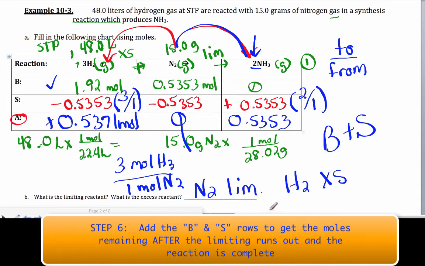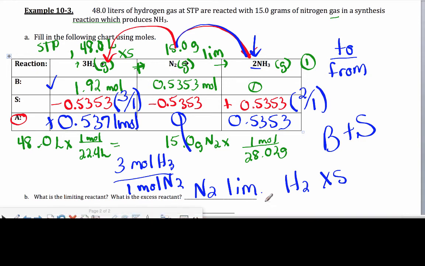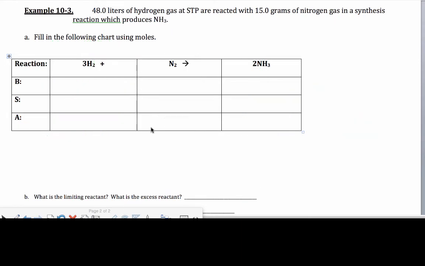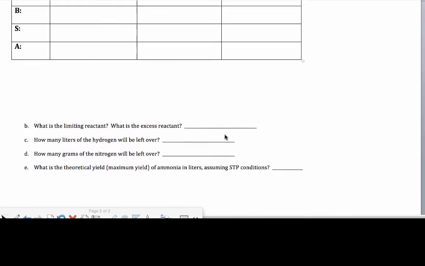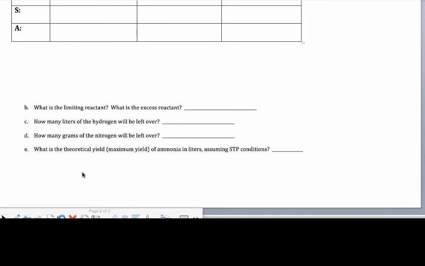So now that your table's filled out, you can really get to anything that you need to get to. All right. So let's take a look. I'm going to have to erase this, but you have that in front of you, hopefully. So this says now we've identified our limiting, we've identified our excess, and now what we want to do is talk about how many liters of hydrogen were left over.